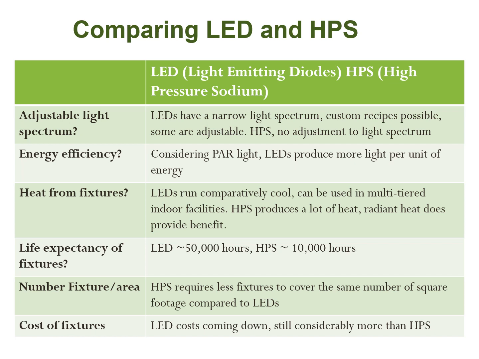So as of today, as I mentioned, it's still considerably more expensive to install LED fixtures into your greenhouse. Once they're installed, there are a number of ways that LEDs save you money. One is that they are more energy efficient.